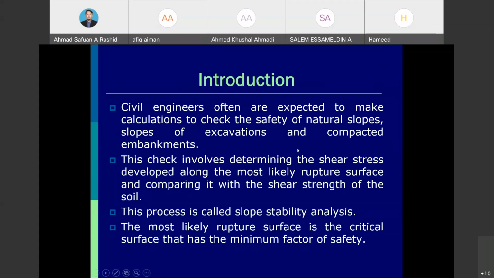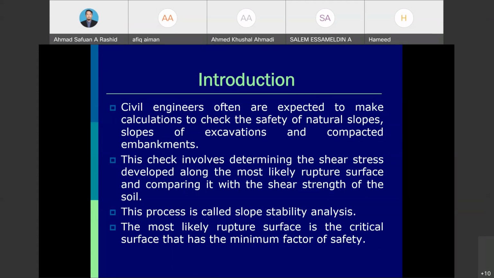In the first case, we deal with natural slopes, but normally when we do some development, we may disturb the slope, either by cutting, or by filling to increase the height of the level. So we need to check the stability of the slope.